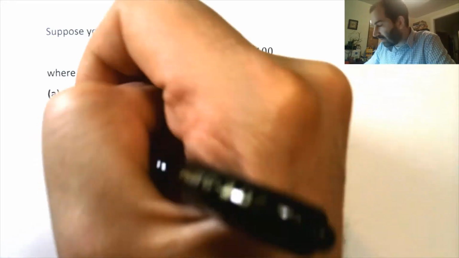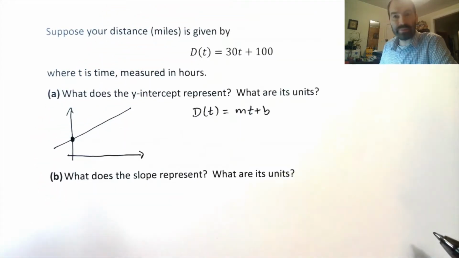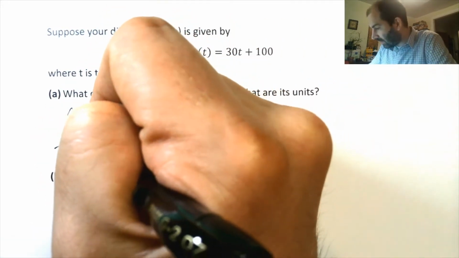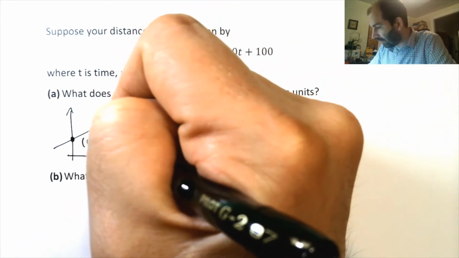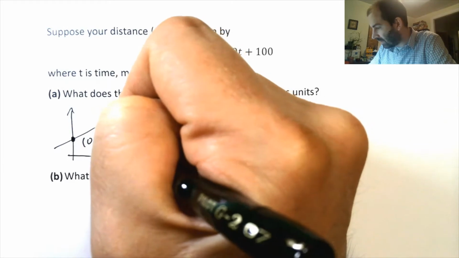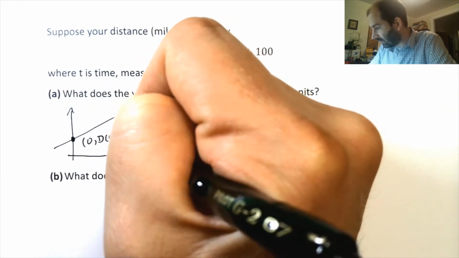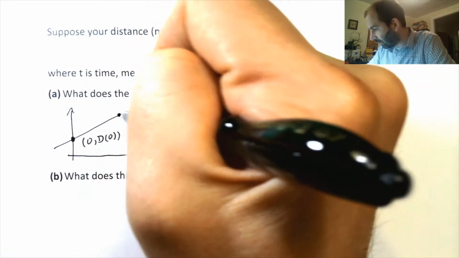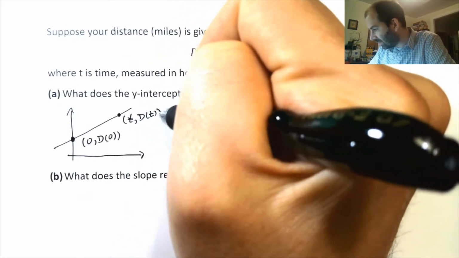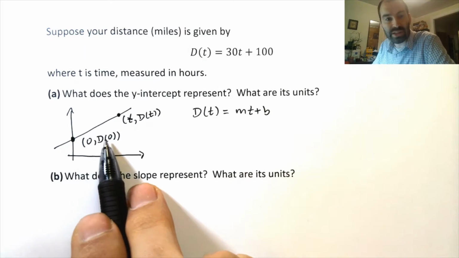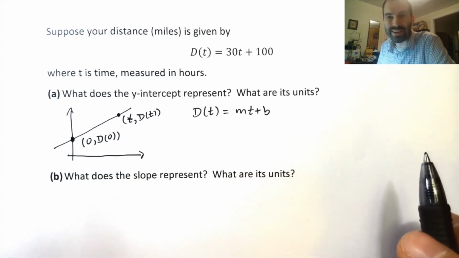What is the y-intercept? That's this point right here. That's the point 0 comma, and remember, any point on the line is of the form x comma d of x, or here, any point is of the form t comma d of t. So when t is 0, this is 0 comma d of 0.